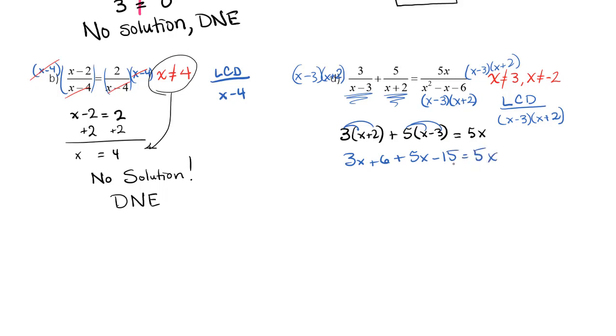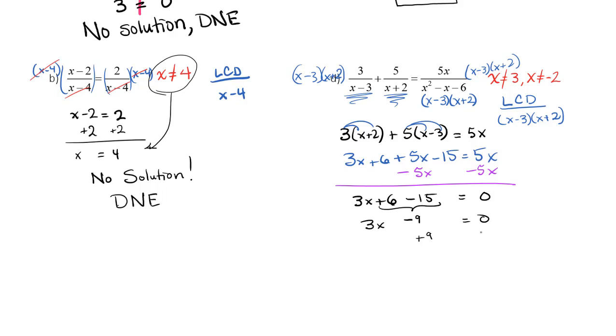I'm going to look at both sides of the equation and notice that I have a 5x on both sides, so I'm just going to subtract those out. This gives me 3x + 6 - 15 = 0. I'm going to combine these two numbers, 6 and -15, which give me -9. So I have 3x - 9 = 0.